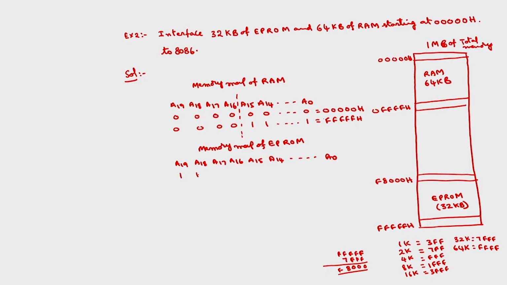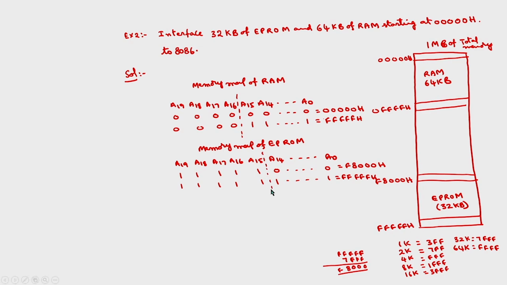F is 1111, 8 is 1000, and all remaining are zeros. This is F8000H. And the ending address is all ones, 1111, and all are ones. This is FFFFFH. Now how many address lines will be there for 32 kilobytes? Only 15 address lines, so A0 to A14.